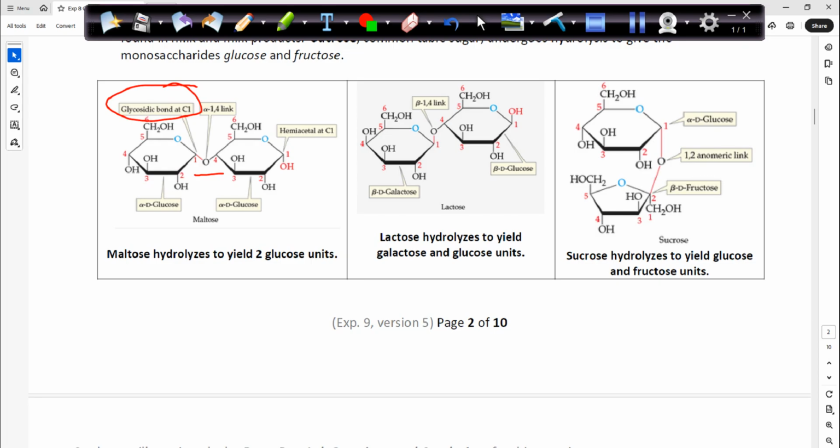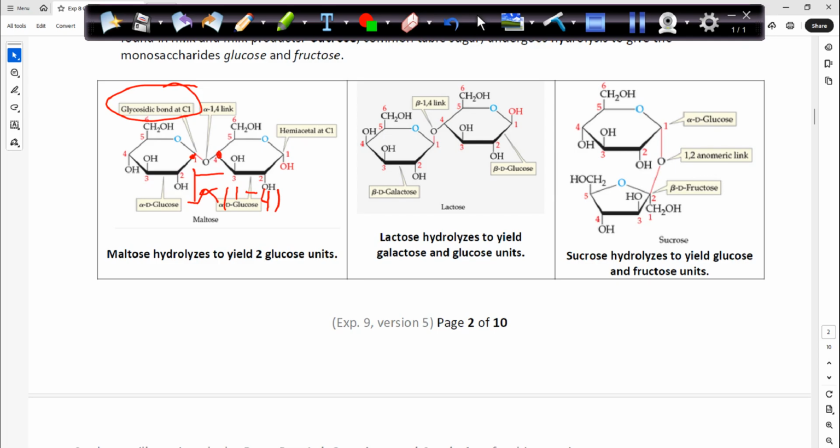Alpha means down; the OH was down. This is carbon 1, this is carbon 4. Okay, guys? So that's maltose, two glucose together, correct?